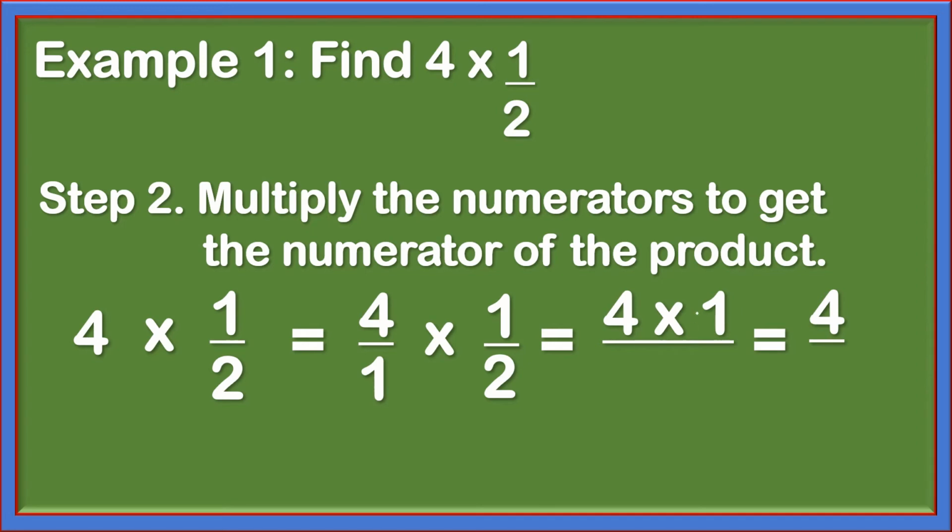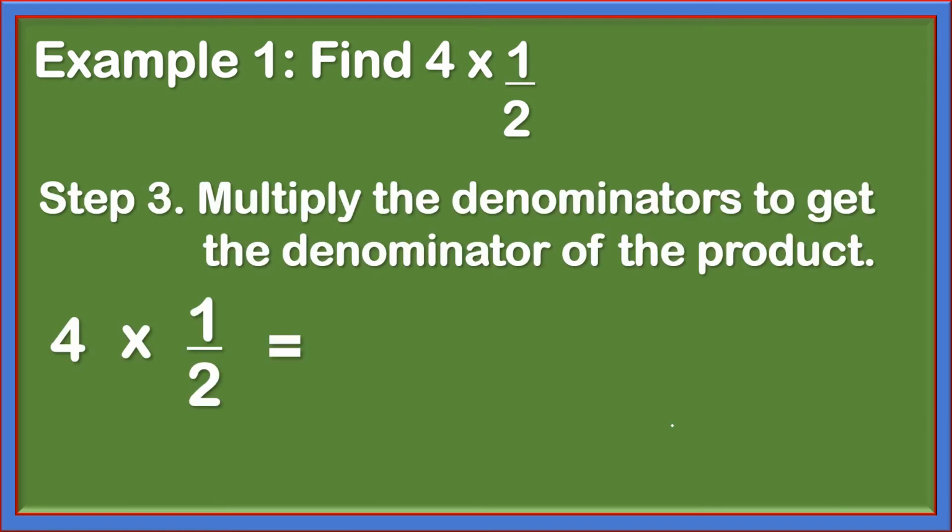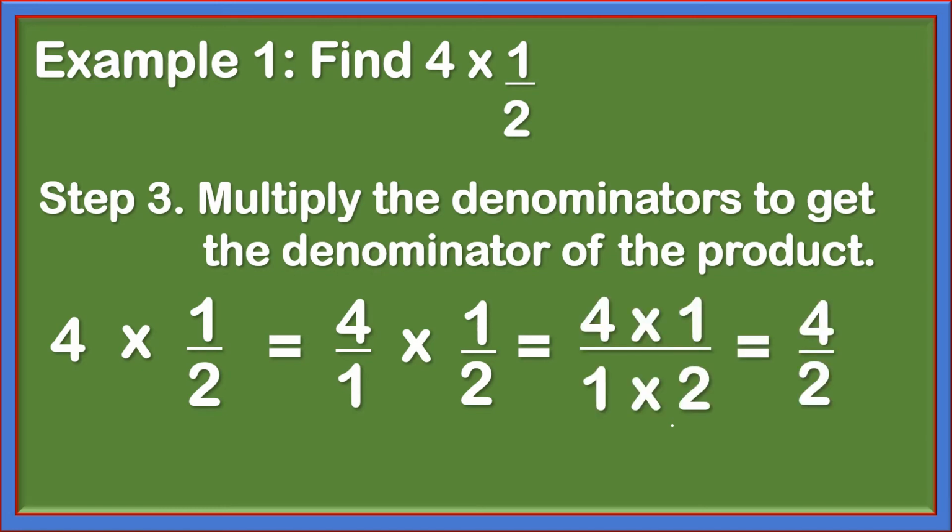Ito pa lang yung kinuha natin sa step 2. So, step 3, still on 4 times 1/2, we multiply the denominators to get the denominator of the product. 4 times 1/2, magiging 4 over 1 times 1/2. So, 4 times 1, at saka 1 times 2. 4 times 1 is 4, 1 times 2 is 2.